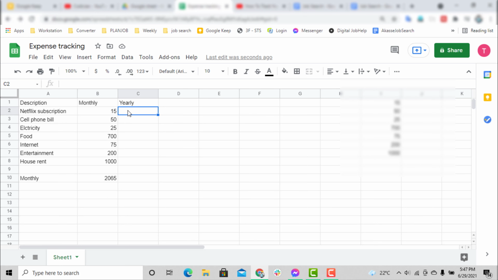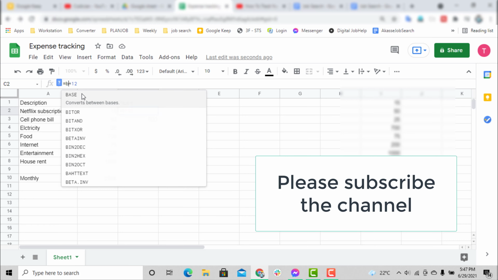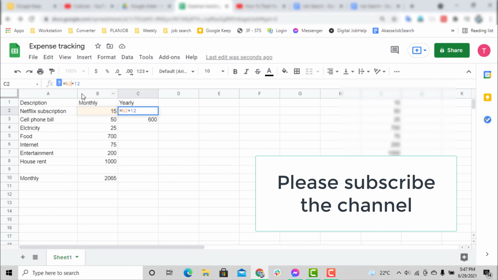So we start with the first one, 15 into 12, and then this is 180. And for the second one, again this one into 12. And then instead of 15 we can actually give this one B2. So 15 is on B2, and it's the same number. And for this one, B3 into 12.